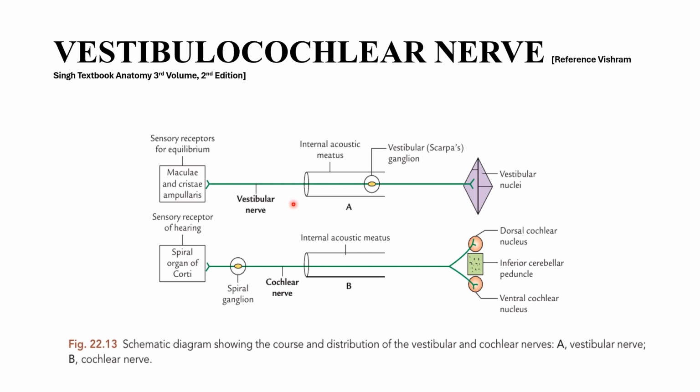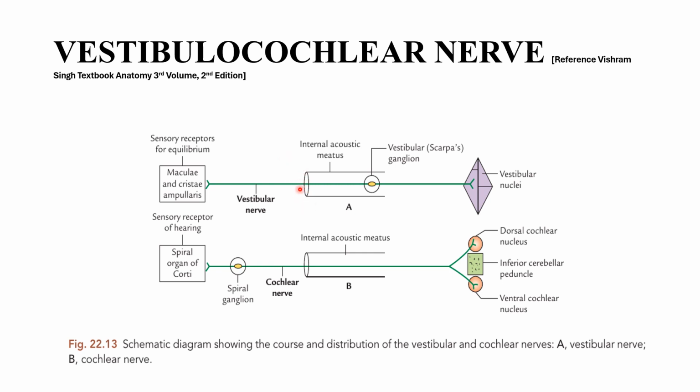Which are the branches? The superior and inferior branch, and a singular nerve. Then all three branches come out of the internal acoustic meatus. And how do they come out? They pass through the foramina in the fundus of the meatus.